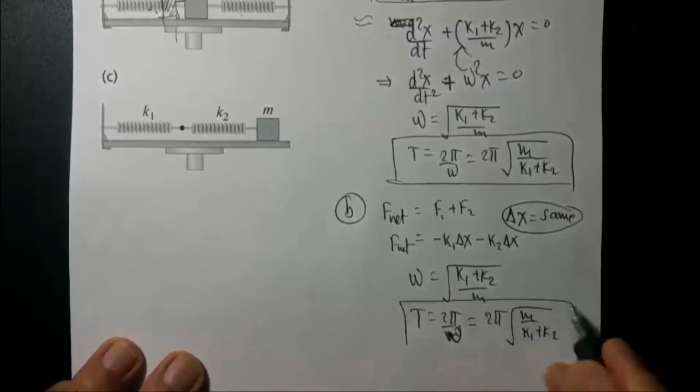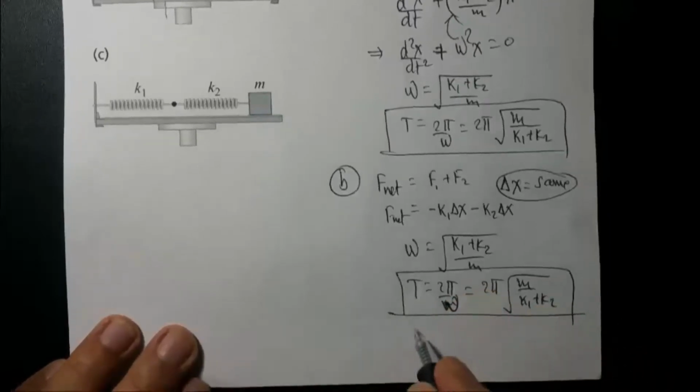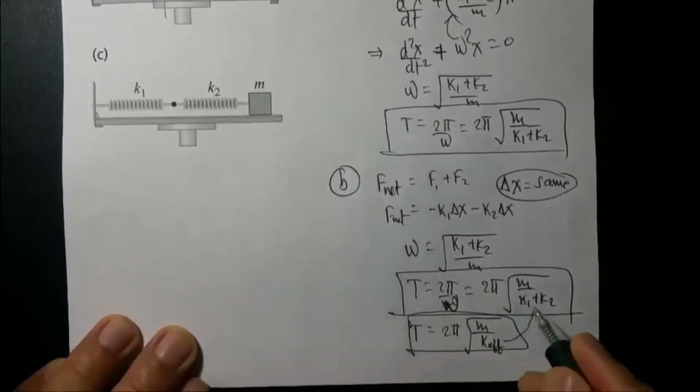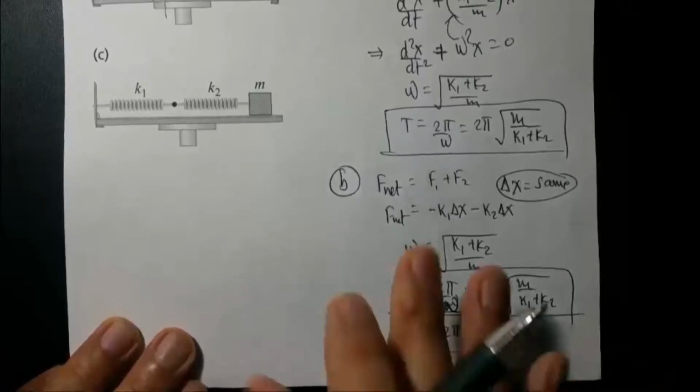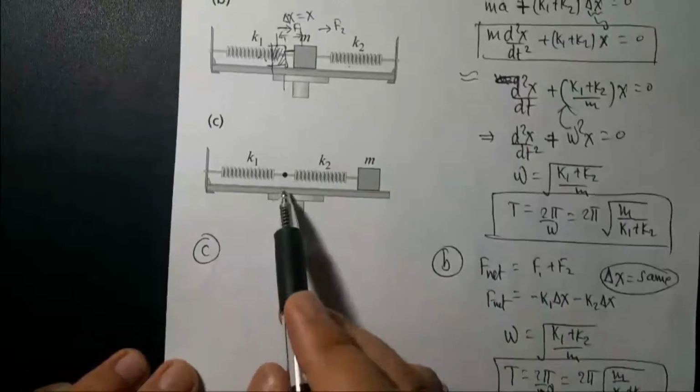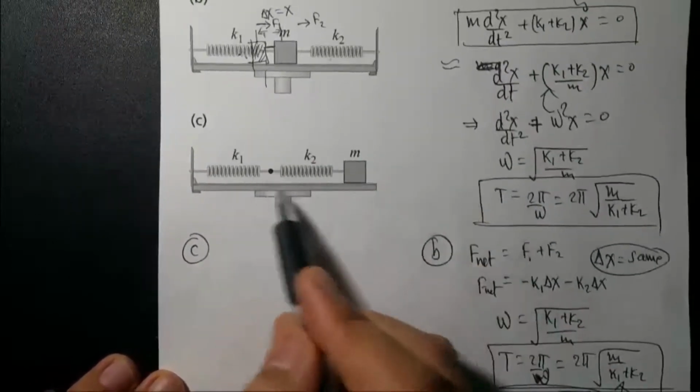Some books call this the effective spring constant: k effective is just k1 plus k2.